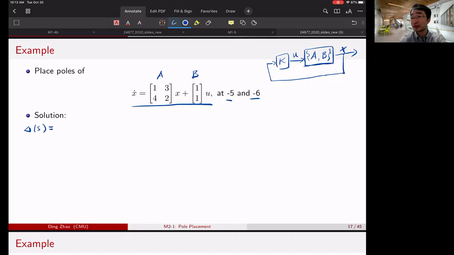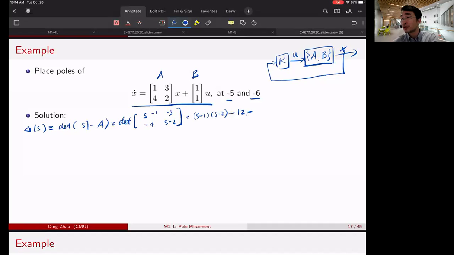So that should be your polynomial, that should be a determinant of sI minus A, right? So that's a characteristic polynomial. Then this will be the determinant of s minus 1, s minus 2, minus 3, minus 4. Okay, the determinant of this. Then I got s minus 1, s minus 2, minus 12.